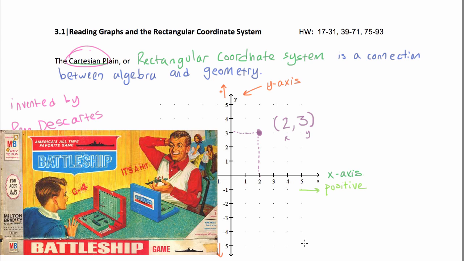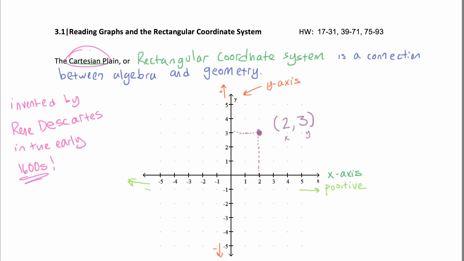All of the points in these four areas, like this one, line up with +2 and +3. All the points in this area are said to be in quadrant 1, and every point in quadrant 1 has a positive x and a positive y value. The quadrants go around like this. Over here I have quadrant 2, and every point in quadrant 2 is on the negative x side, so it has a negative x coordinate and a positive y coordinate.